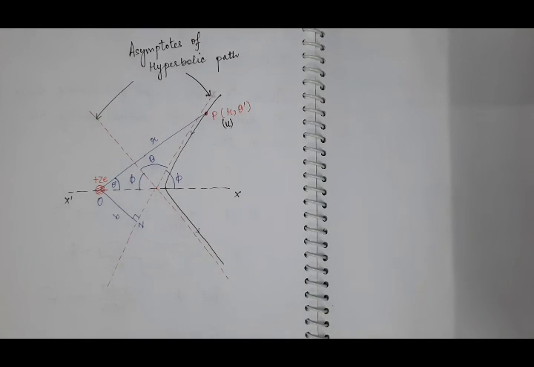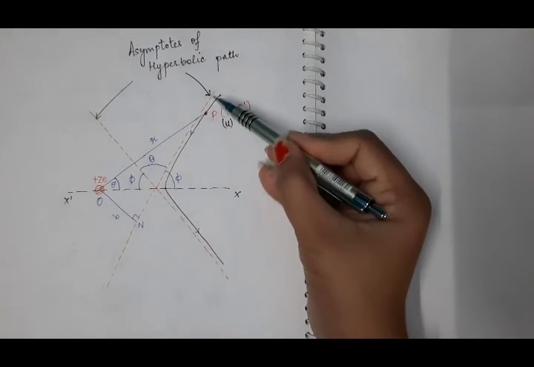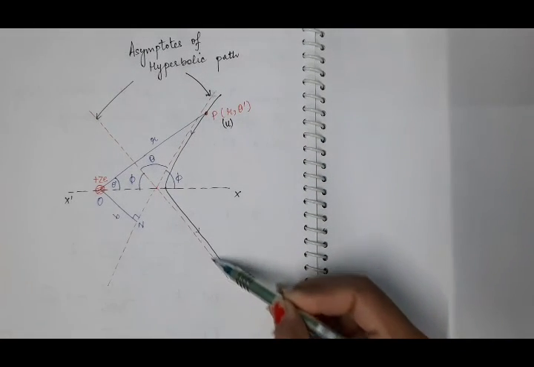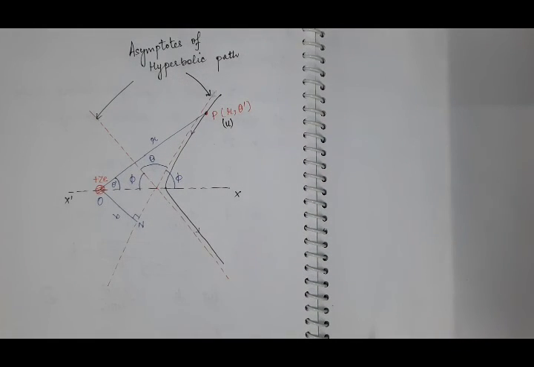So next, what will be the equation of trajectory of the path followed by the particle? This we have derived in the chapter on central forces.